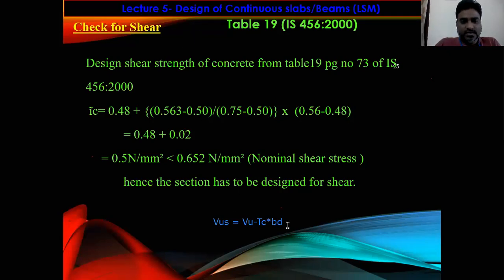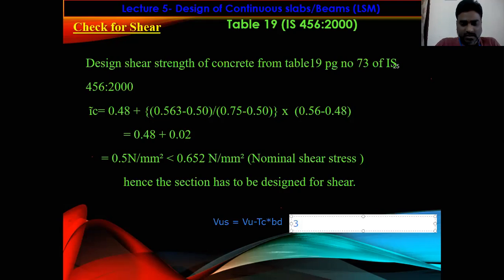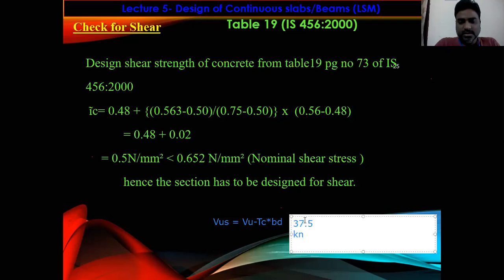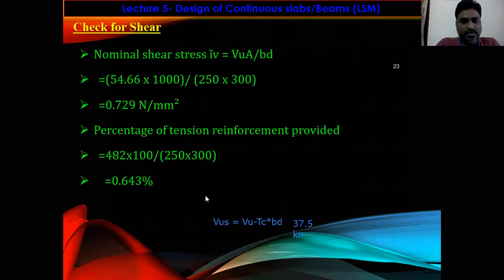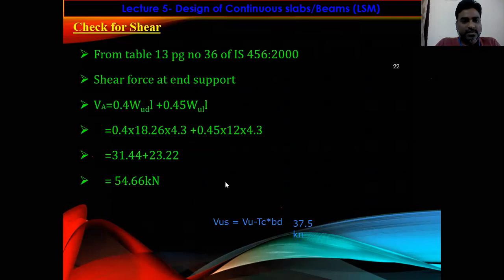So Vuc is equal to 37.5 kilonewton, right? So for this 37.5, I have to calculate. This is Vu, and what is this value? That is Vu. Vu I got as how much? 54.